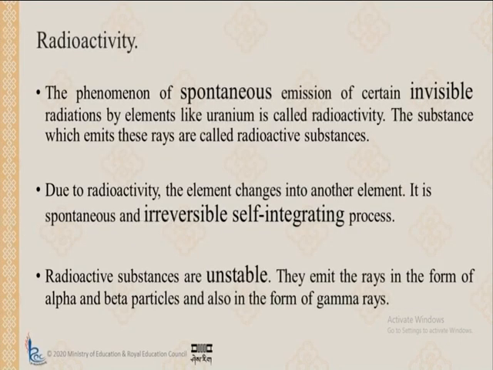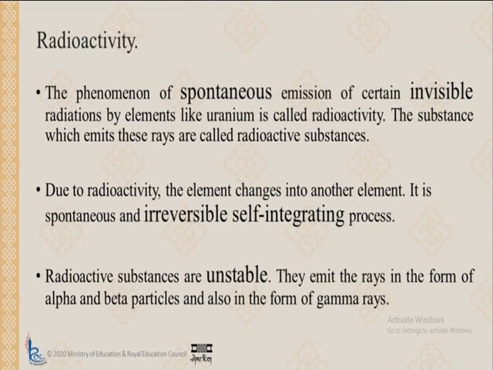Now to move on to the definition of radioactivity, it is the phenomenon of spontaneous emission. Why spontaneous here? Because it is a natural process. That means it does not require external factors to trigger the reaction. It happens naturally.